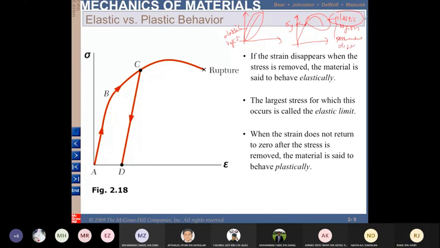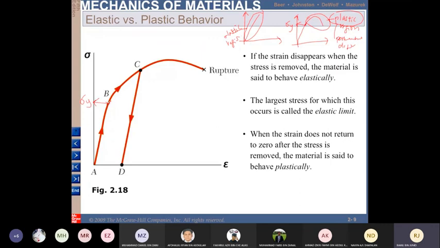Plastic is the opposite of elastic. So from this graph, this is the yield point, or the yield stress.